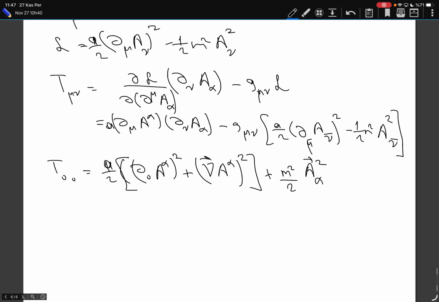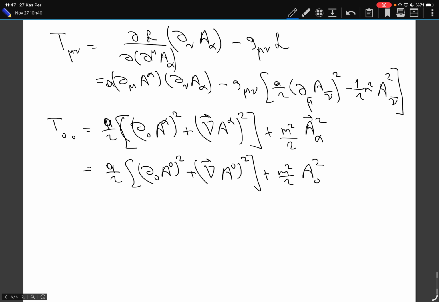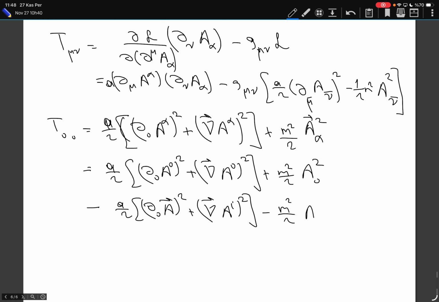Now I have a problem though. You see, if I would write this with each component of alpha explicitly, I would have 1 over 2 del 0 A0 squared plus gradient of A0 squared plus m squared over 2 A0 squared, minus 1 over 2 del 0 A_i squared plus gradient of A_i squared minus m squared over 2 A_i squared. This is definitely not positive definite.